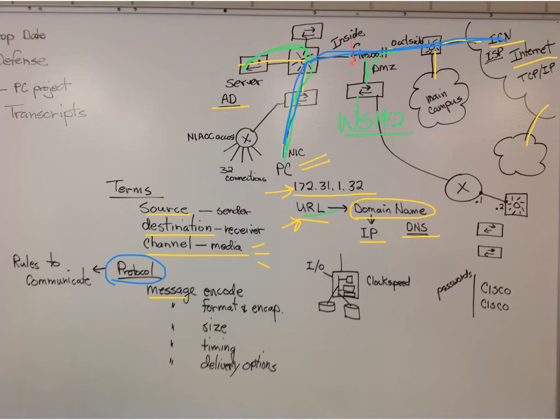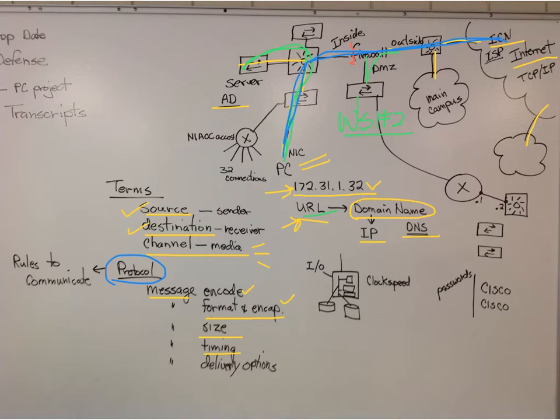Protocols, we have a message, we encode the message, the data, format and encapsulate it. We have to put addresses on the message, right? We have to put a source and destination address. We need to categorize it in a certain size, and then timing.